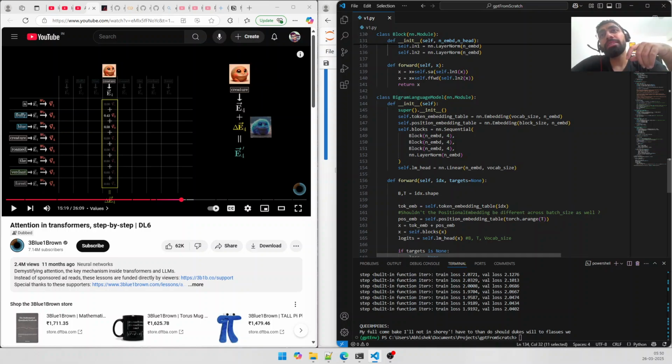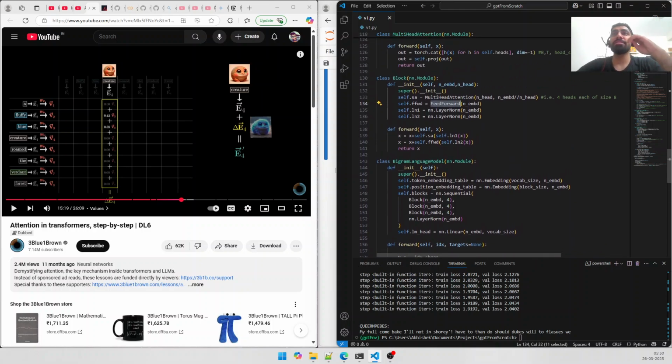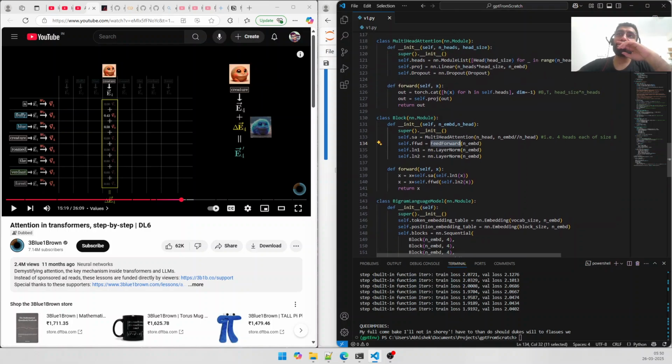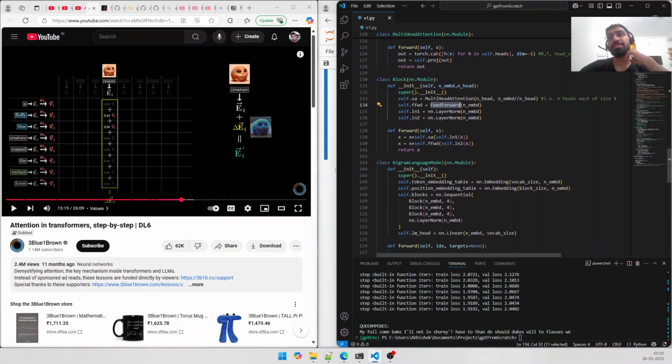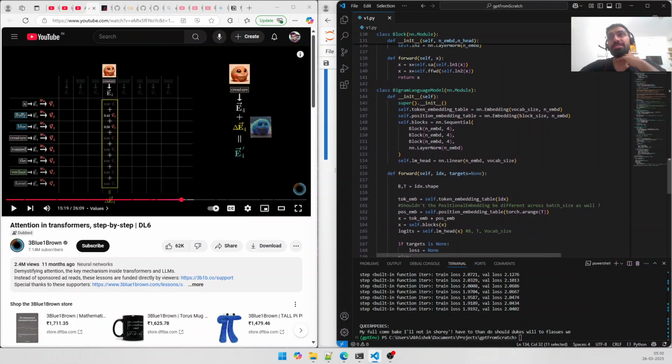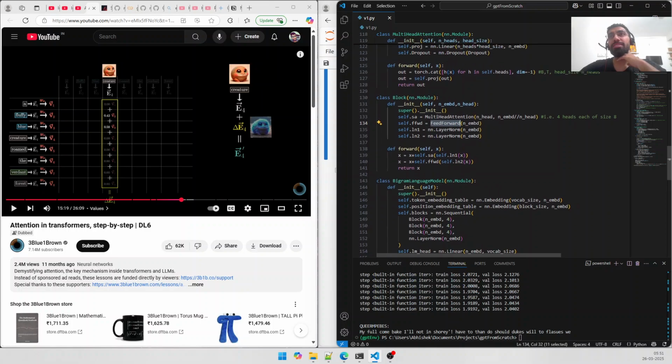That's the embedding that we are getting here. Layer norm. Okay, normalization.